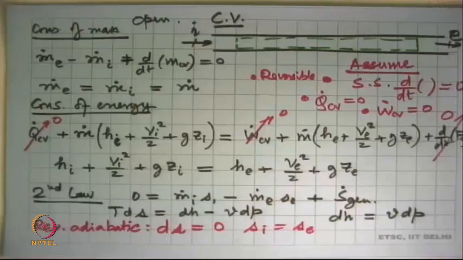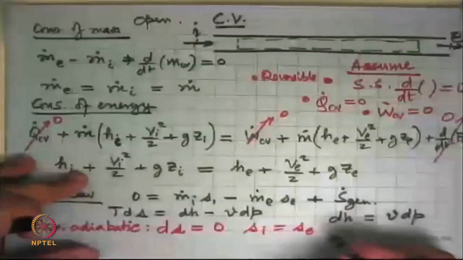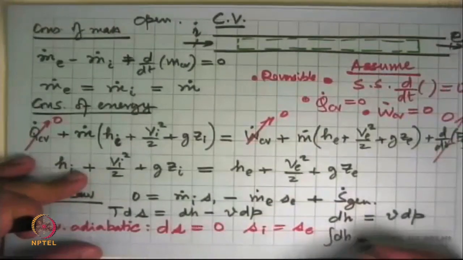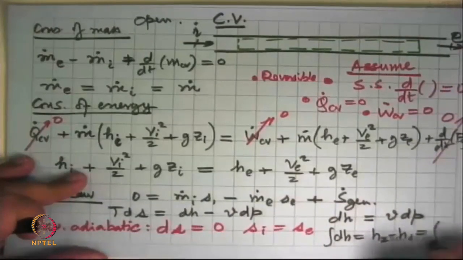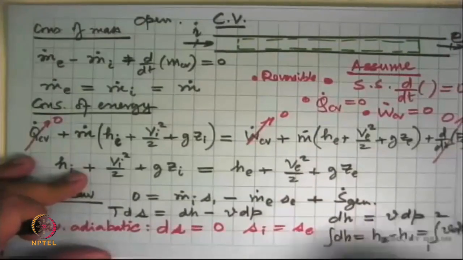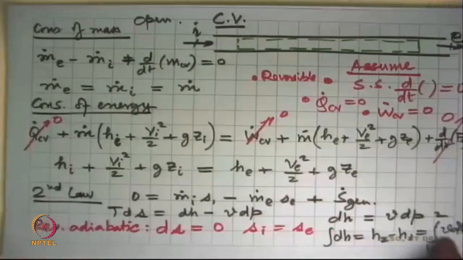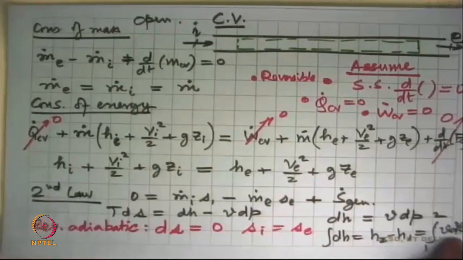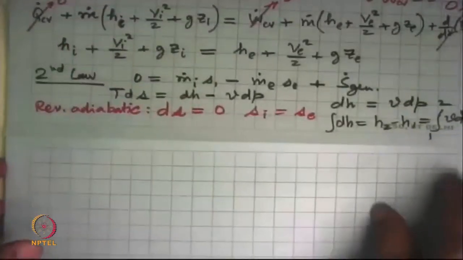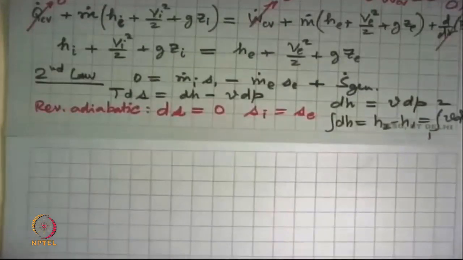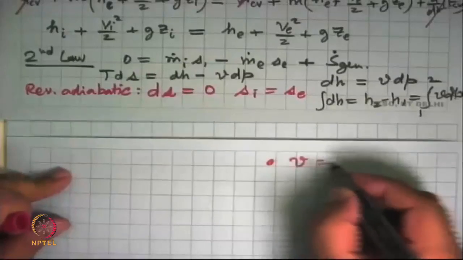And now let's integrate this. If I have to do an integration on this one, dH will be H2 minus H1, but this will be the integral of VdP from 1 to 2. So if we know the relationship between V and P, we can solve it. But we'll make another assumption to make life easy and say that V is constant.